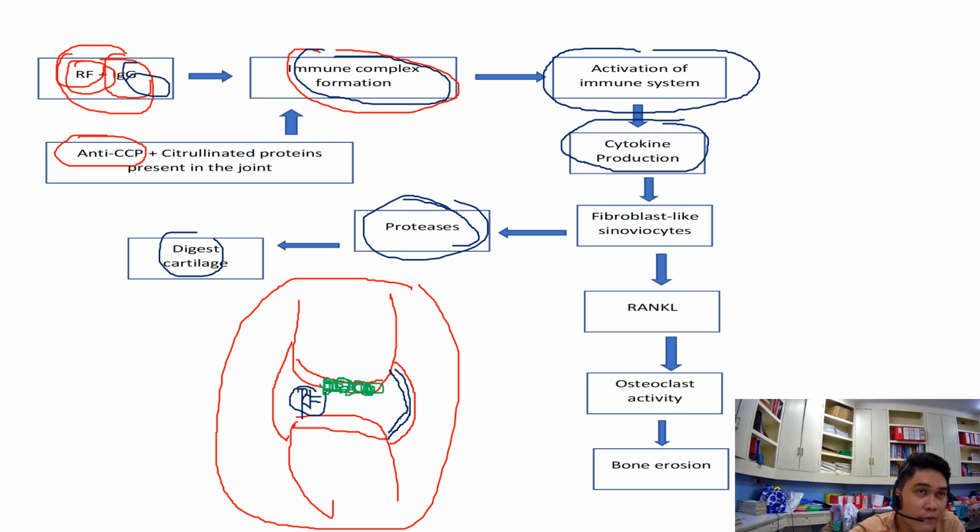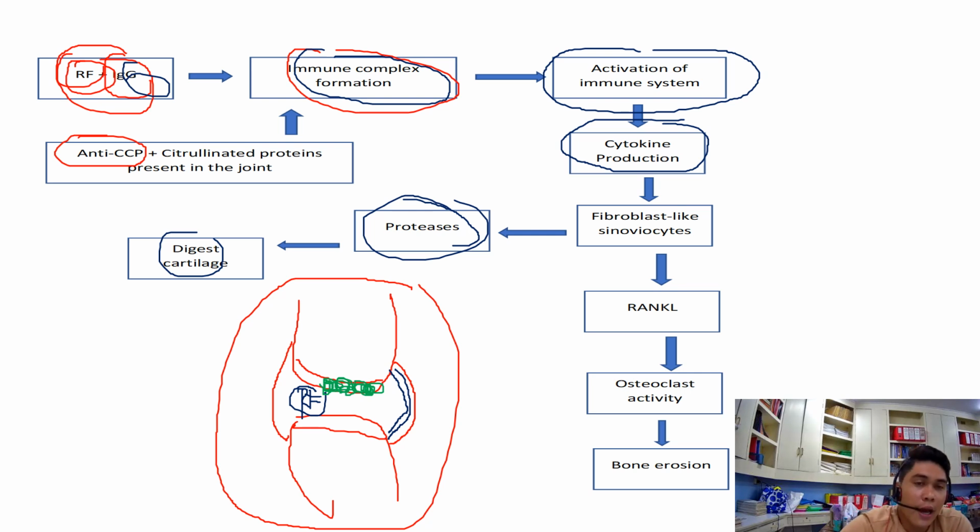If there's movement, it is painful because the cartilage that covers the end of the bone was digested, so there is thinning of the cartilage. Once there is friction between bone and bone, it's painful because of the absence of the cartilage.